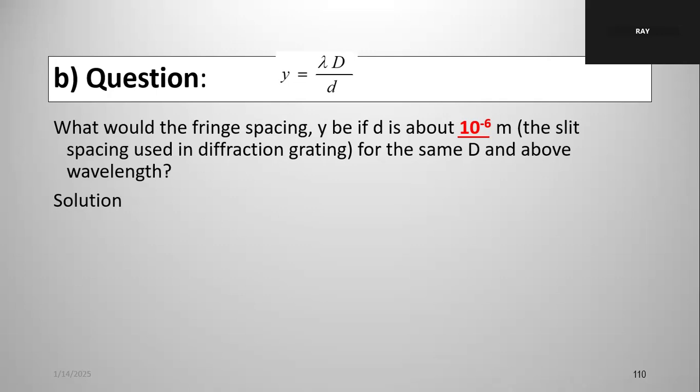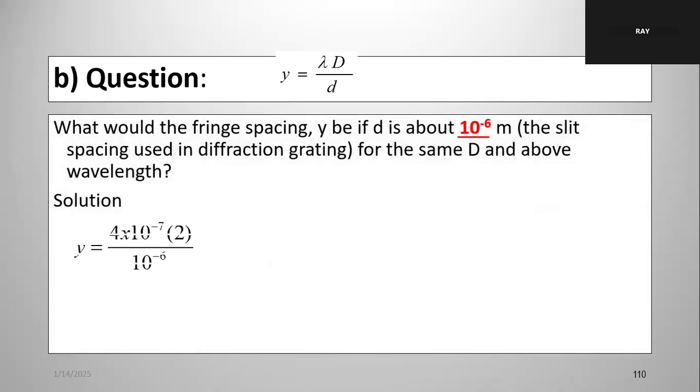Calculate, what is your Y? Put in the value, that's all. Same D as before. Y is very large.